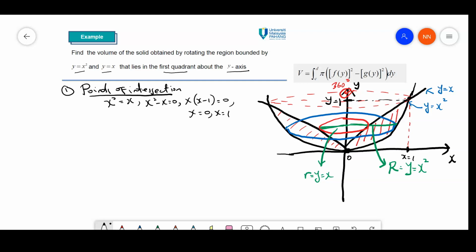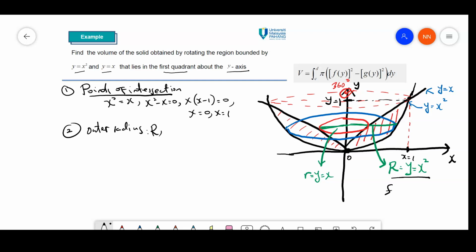Second, we decide our outer radius and inner radius. The outer radius is our capital R. Remember, because we want to rotate about the y-axis, we must rewrite this function.